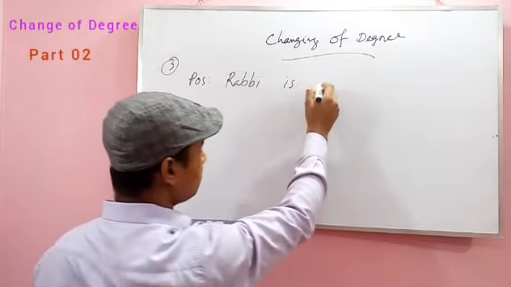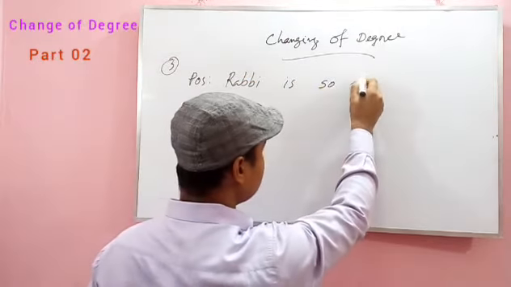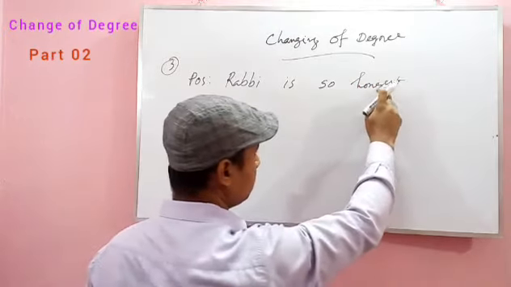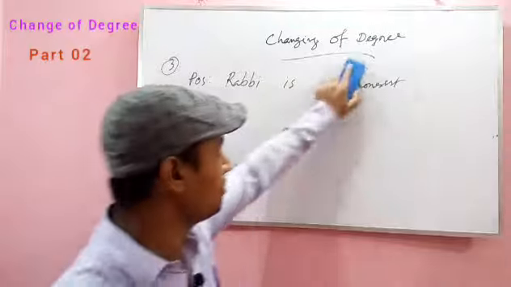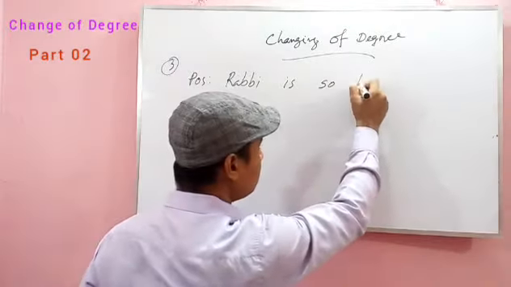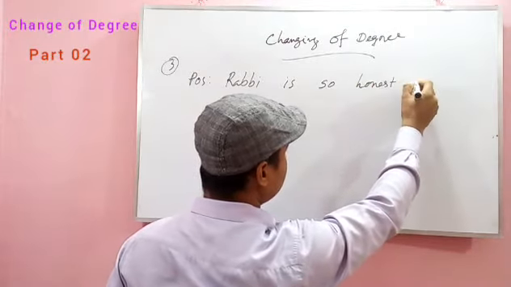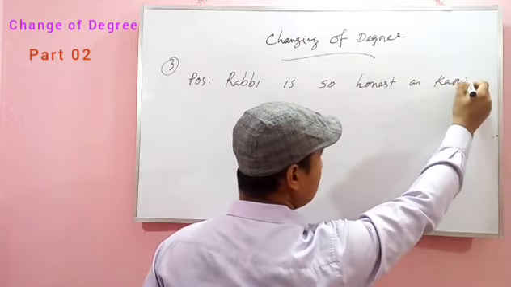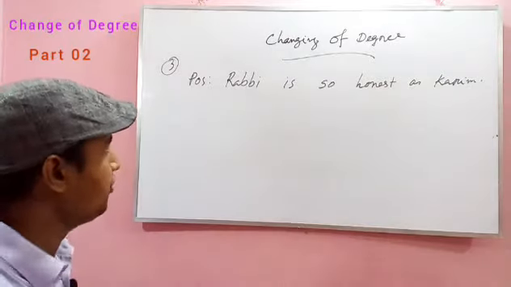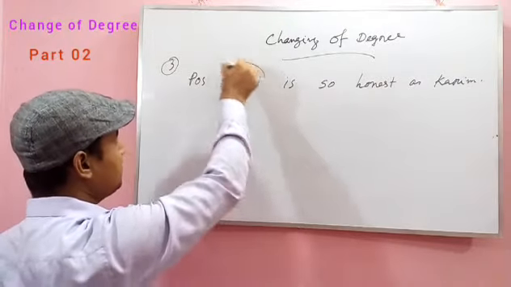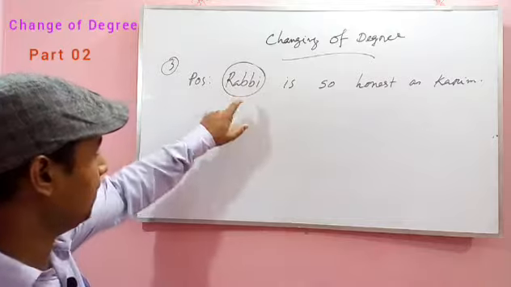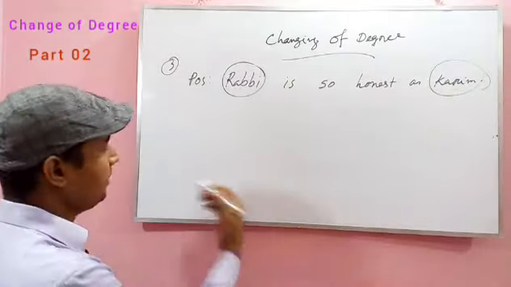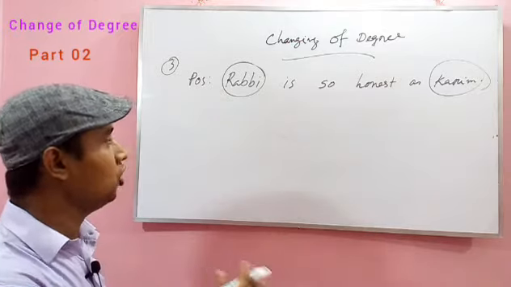Rabbi is so honest as Karim. Okay, when you find a positive degree sentence that begins with a noun and ends with a noun, it has only a comparative form, there is no superlative form.